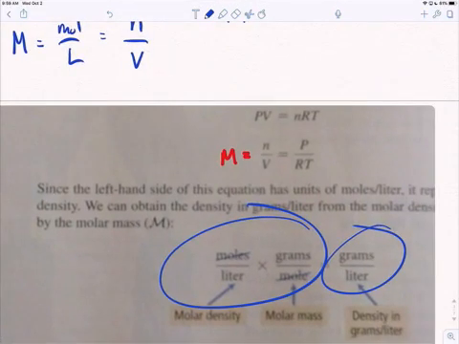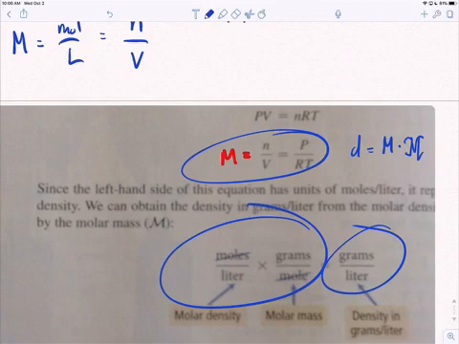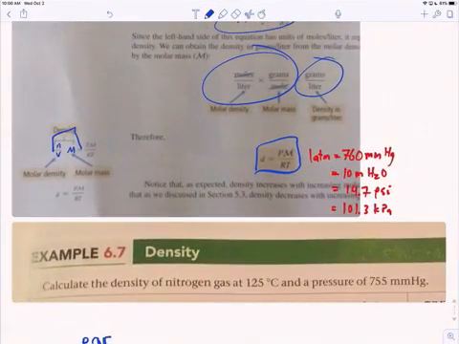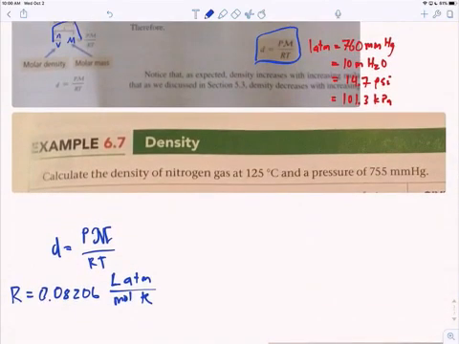And we set this up here, moles per liter is pressure over RT, and density is equal to the moles per liter times the molecular weight. Since we've already established that capital M equals P over RT, density is equal to P over RT times the molecular weight. Okay, fumbling through that. And now that we've defined density, we can use this to calculate some densities.